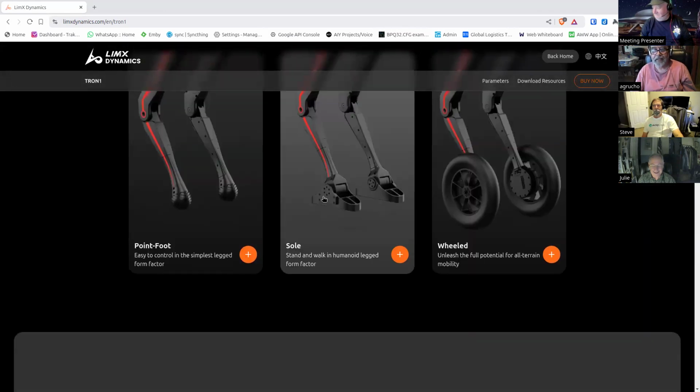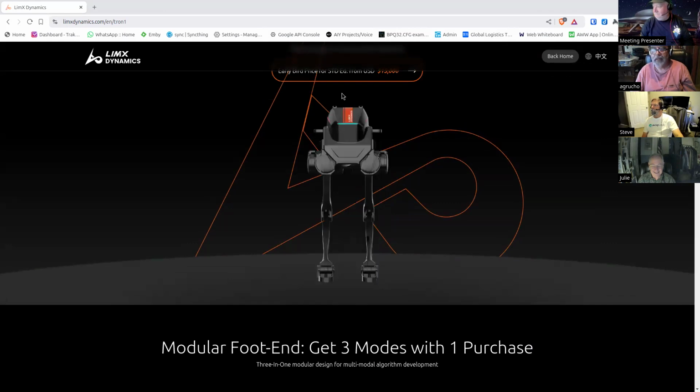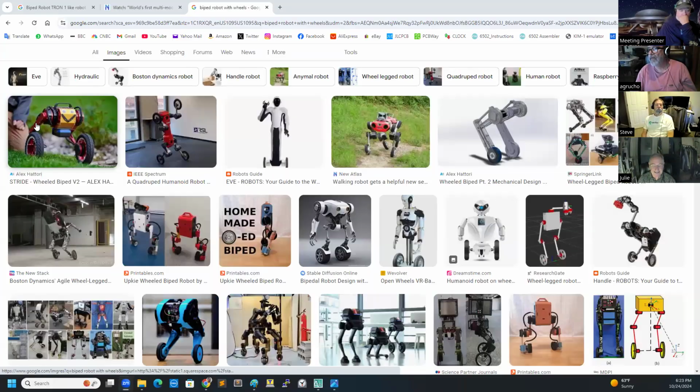Look at this page. Let me share the screen. Okay, here. Look, there are a lot of robots with the same concept. You see this one, this one.